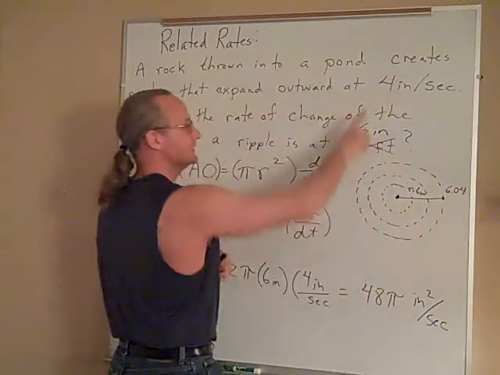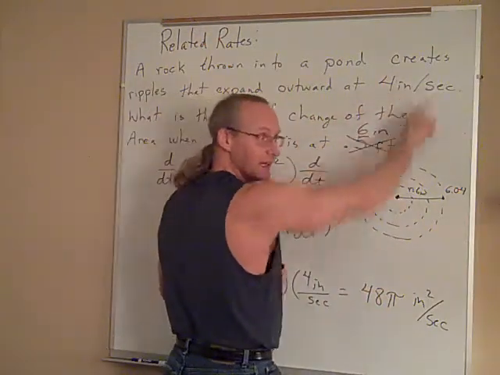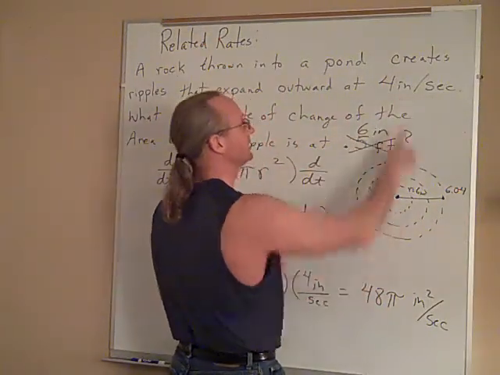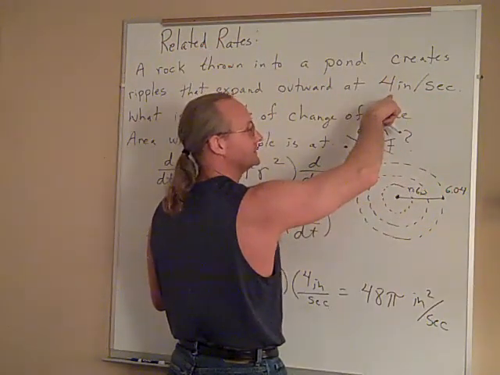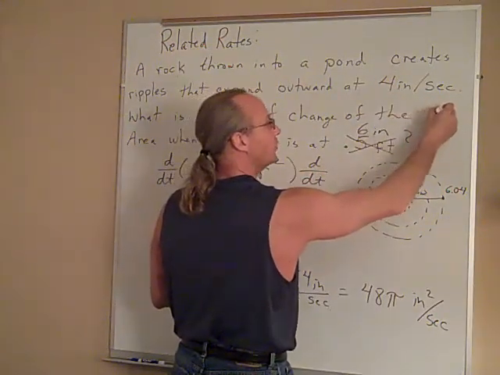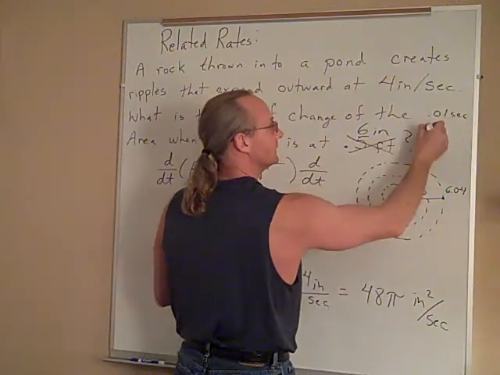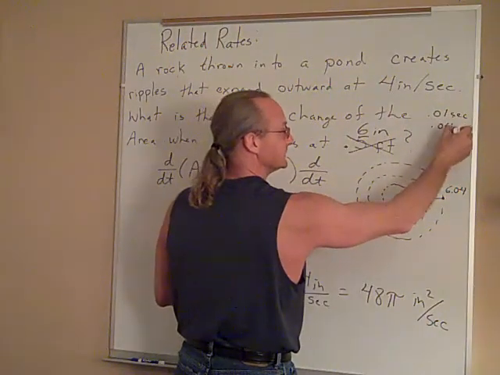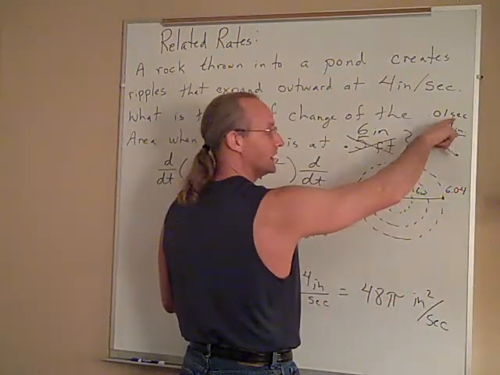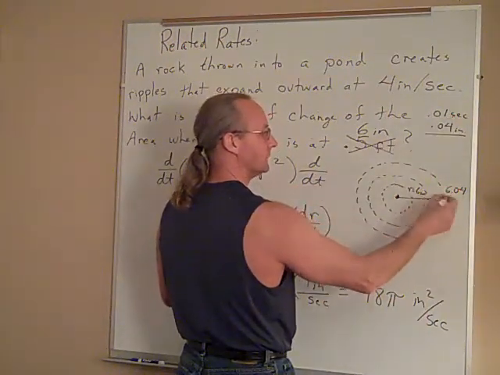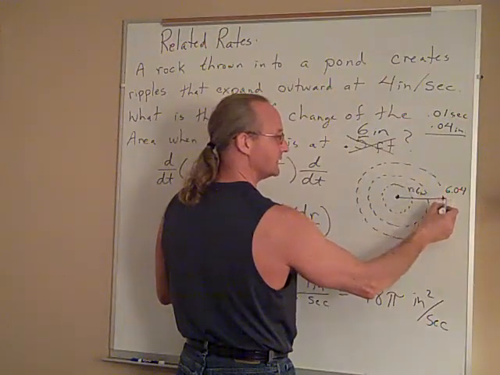You see, the radius is changing at 4 inches per second. That means that in 1 second it goes 4 inches, so in 0.01 seconds it goes 0.04 inches. So in that 1/100th of a second, my radius expands just a little tiny bit.